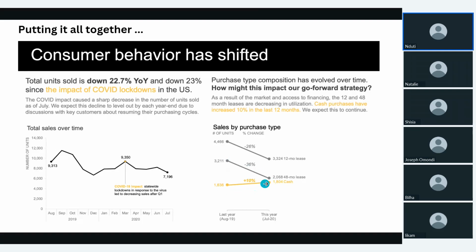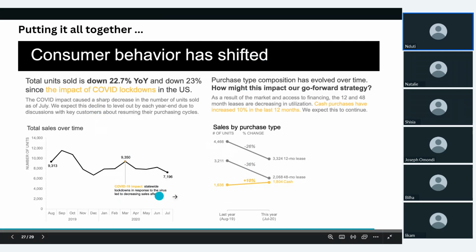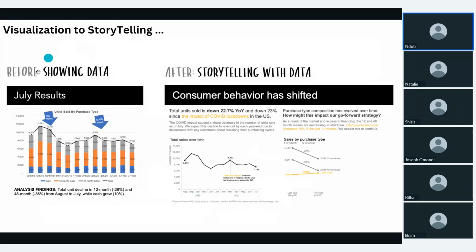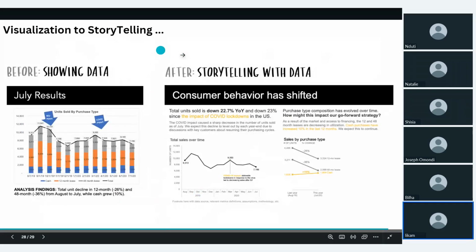But for those using cash, they've gone up 10% from August last year. So this is how we incorporate titles that have a direct message, annotations, and breaking down to reduce the clutter, and we've moved now from this to something like this.